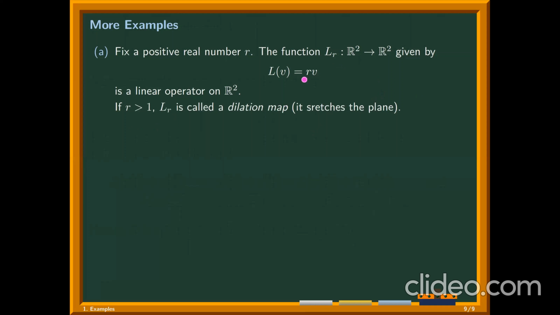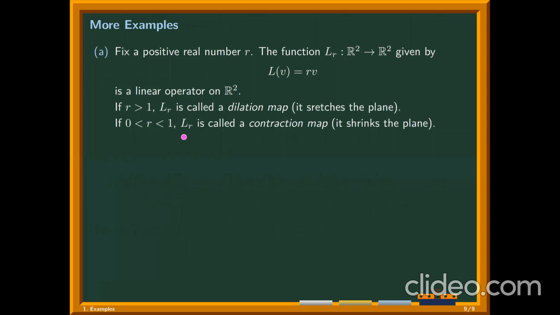Geometrically, we can describe this function L as follows, depending on the value of R. If R is greater than 1, the effect of L on the plane is that it stretches the plane. In that case, we call L a dilation map.